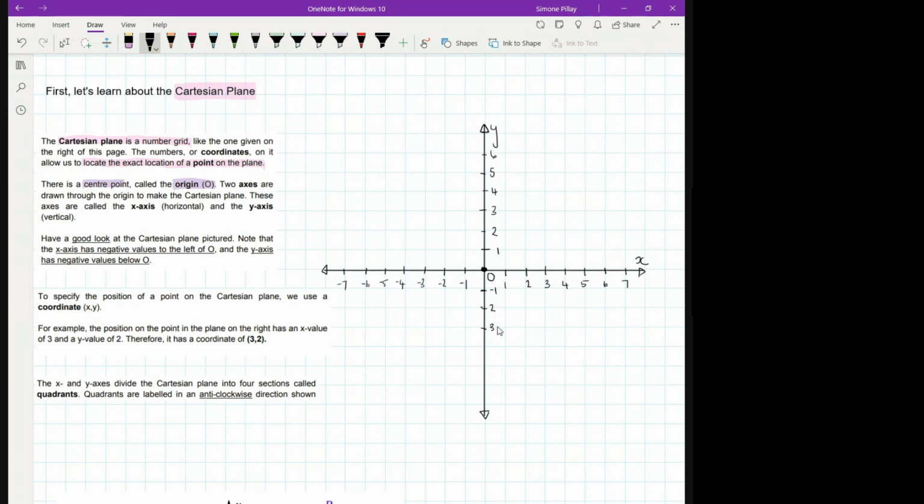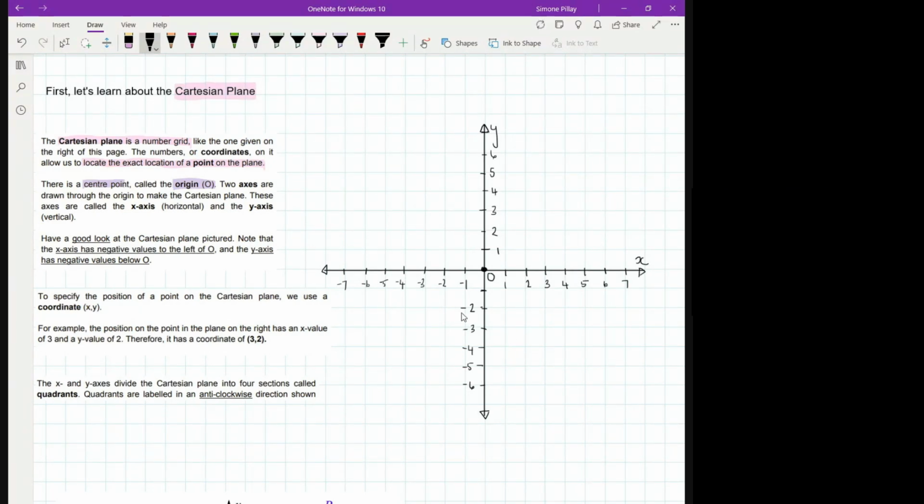I just realized I'm not drawing my negatives anymore. Also, I'm going to put my negatives on this side, just so that we all know my negatives are still there. -3, -4, -5, -6. Okay, so this is now my actual fully completed Cartesian plane.